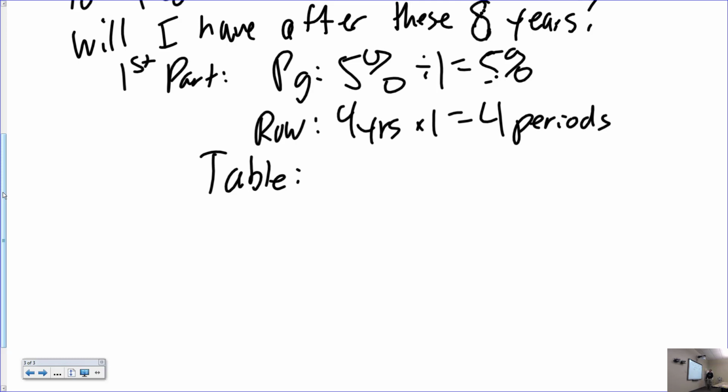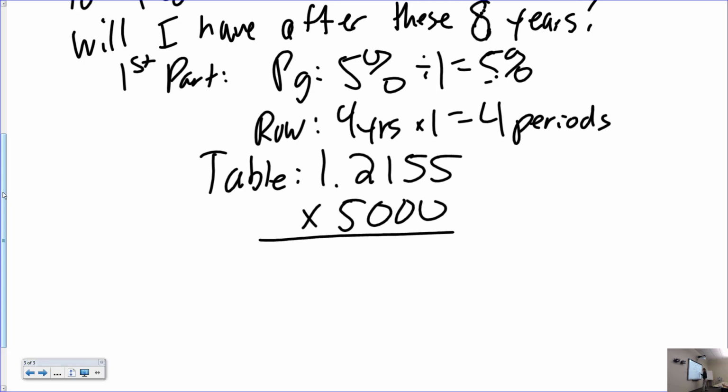So what's your table entry? 1.2155. Multiply your $5,000. It was $5,000, right? Yeah. Okay, $6,077.50.